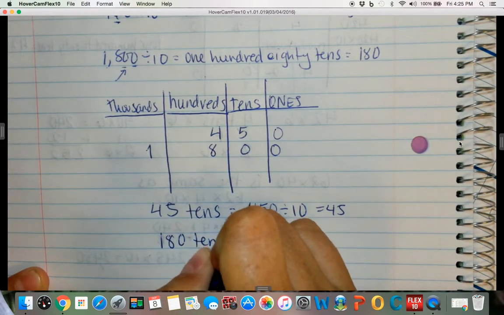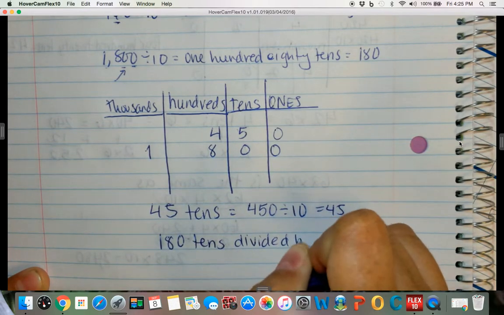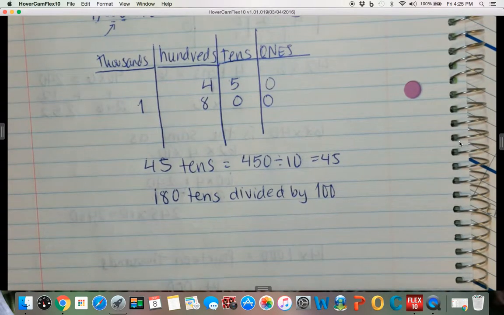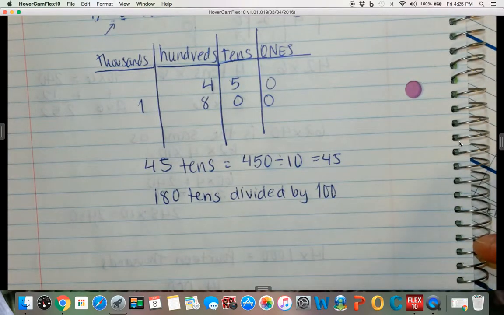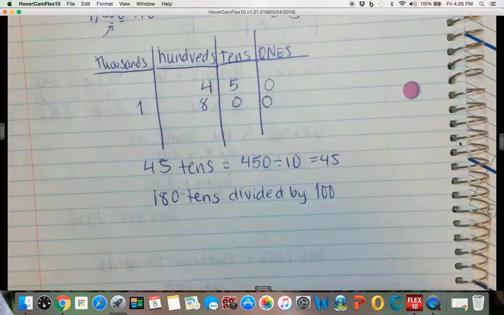180 tens divided by 100. Well, how many hundreds do I have in this number? If I have 180 tens, how many hundreds are in this number?